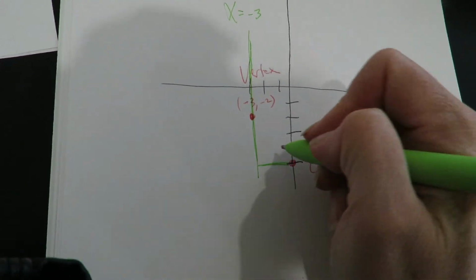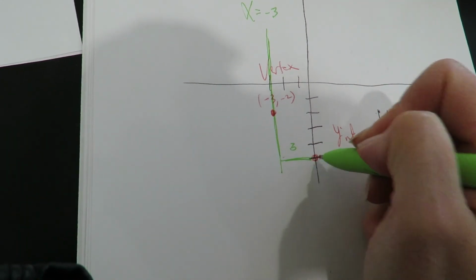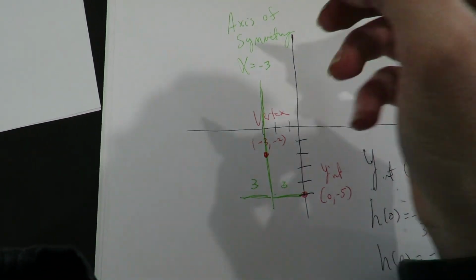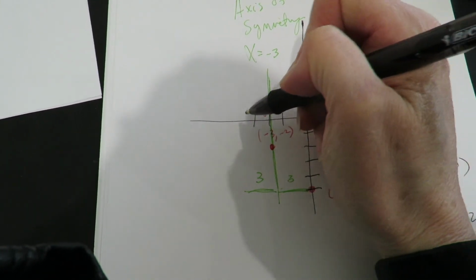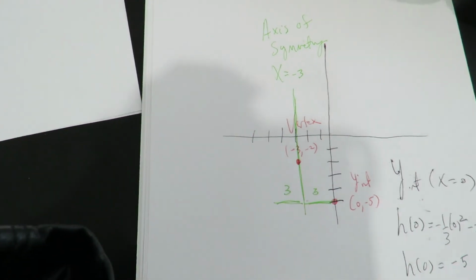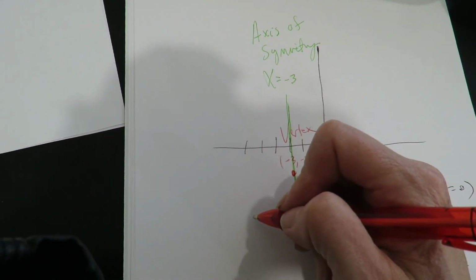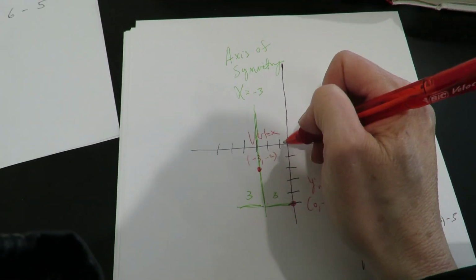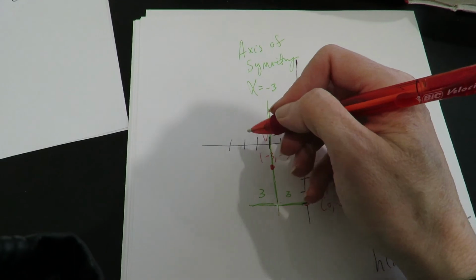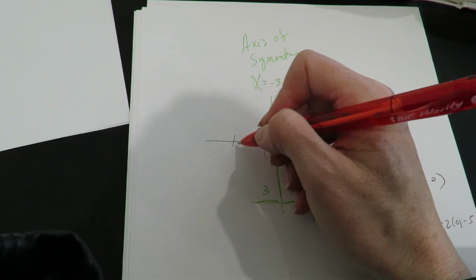So this guy is 3 units away. It's a 3-unit walk to here. So it would have to be a 3-unit walk to the other side, which from the origin would mean I would have to walk over 6 units. If I go 3 more, I got 6.